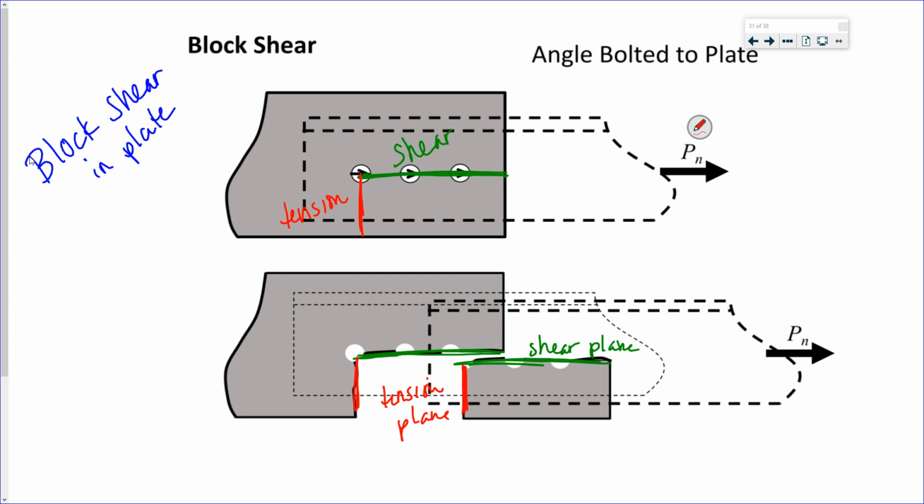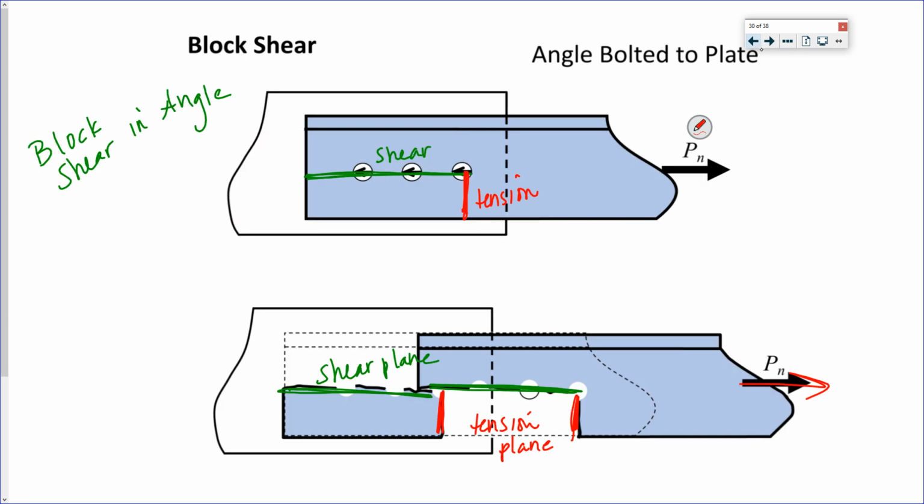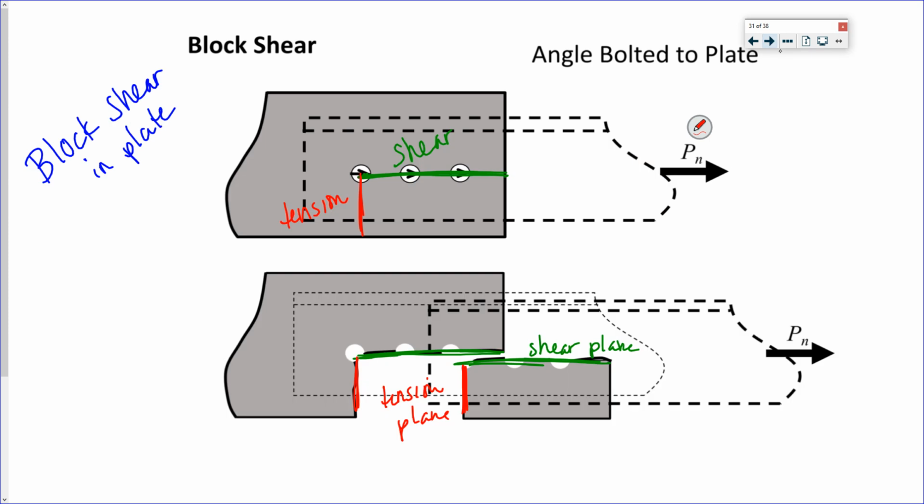Now you noticed before, if I looked at the angle, the area in shear might be different if you have block shear of the angle versus block shear of the plate.